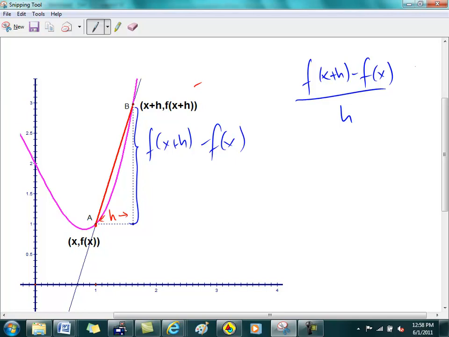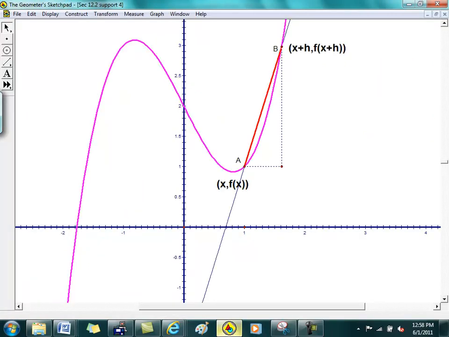It is a rise over run. So what is it calculating? Of what? What is this line called? Starts with an S. It's a secant. So this is calculating the slope of the secant. You guys with me so far? Yes? Okay, let's go back to this.